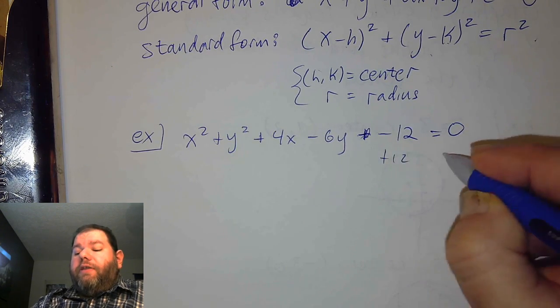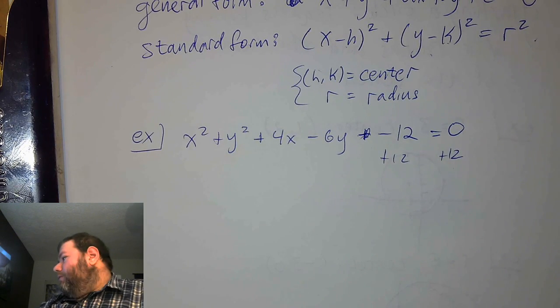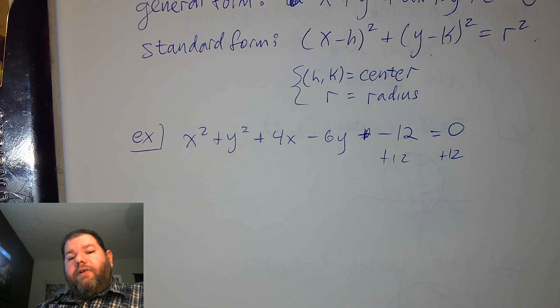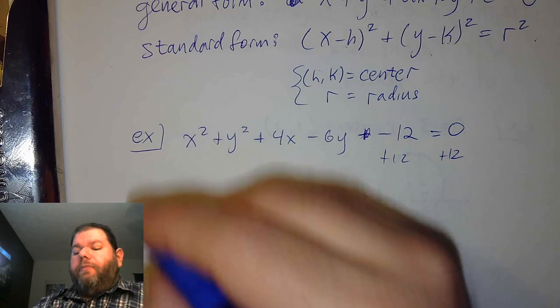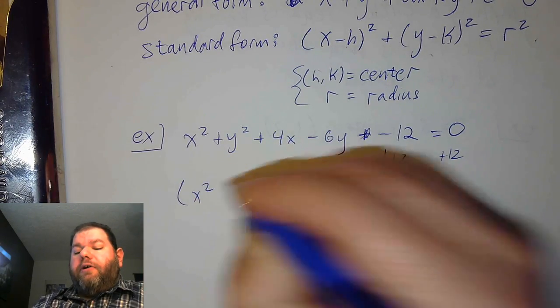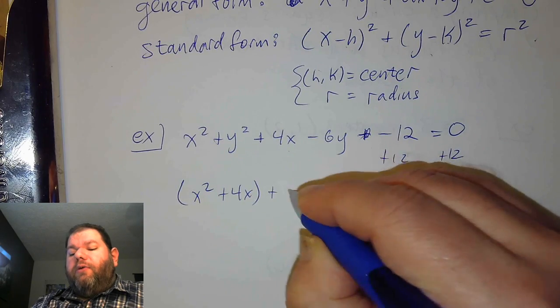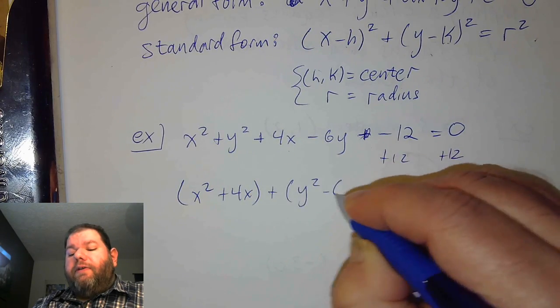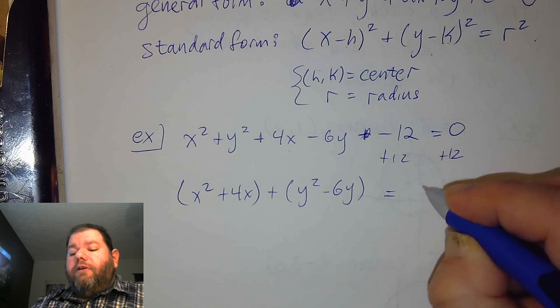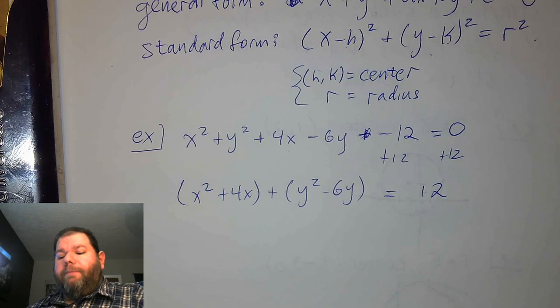We'll go ahead and add that over. And we'll go ahead and group the x variables and the y variables together, respectively. So we have an x squared and we have a 4x. We have a y squared minus 6y, and it's equal to 12 now on the right-hand side.